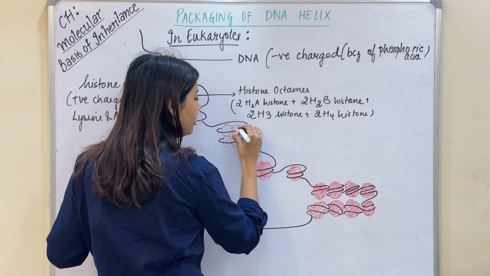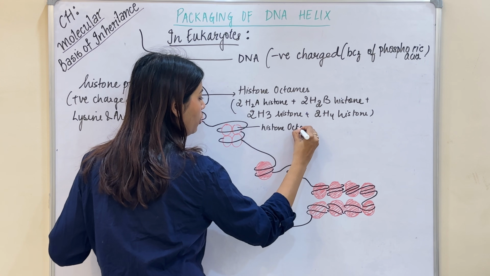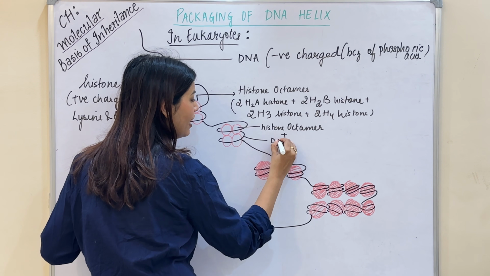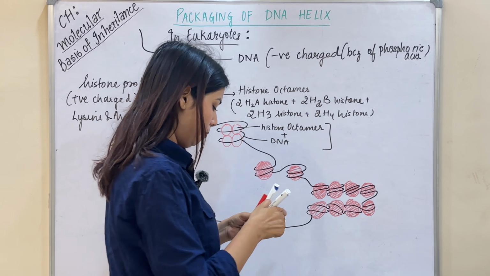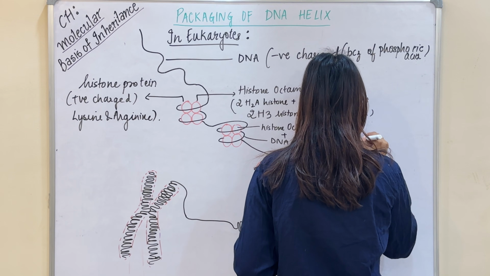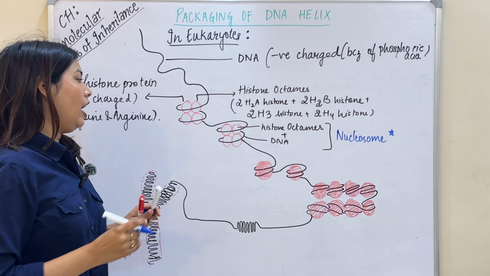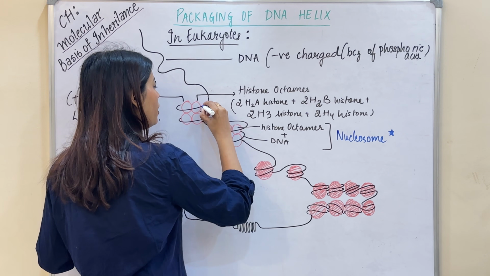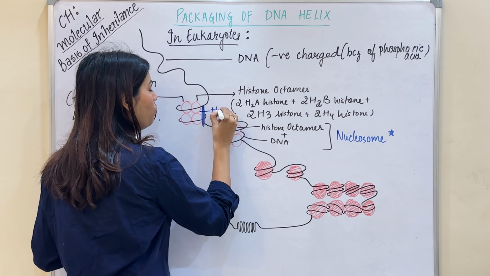And this histone octamer plus the coiled DNA forms a nucleosome. Apart from these histone octamer proteins, there is one more histone protein called H1 histone.